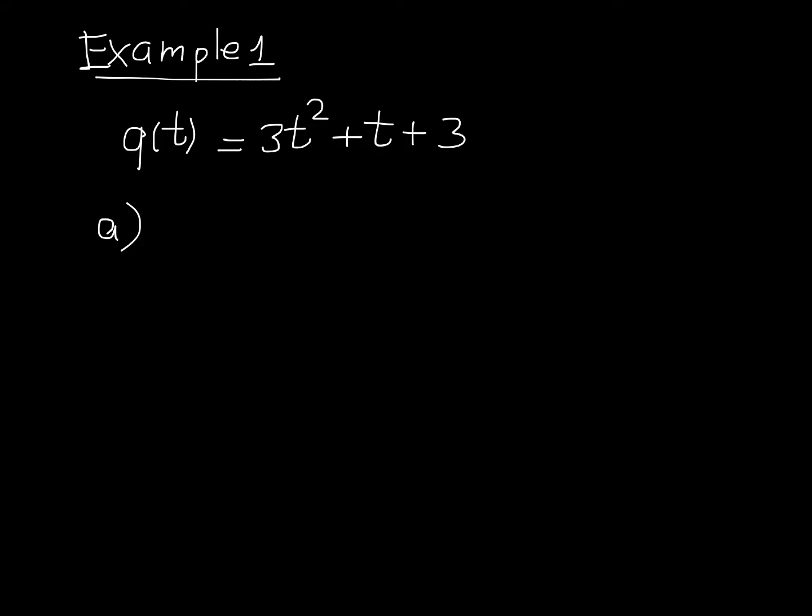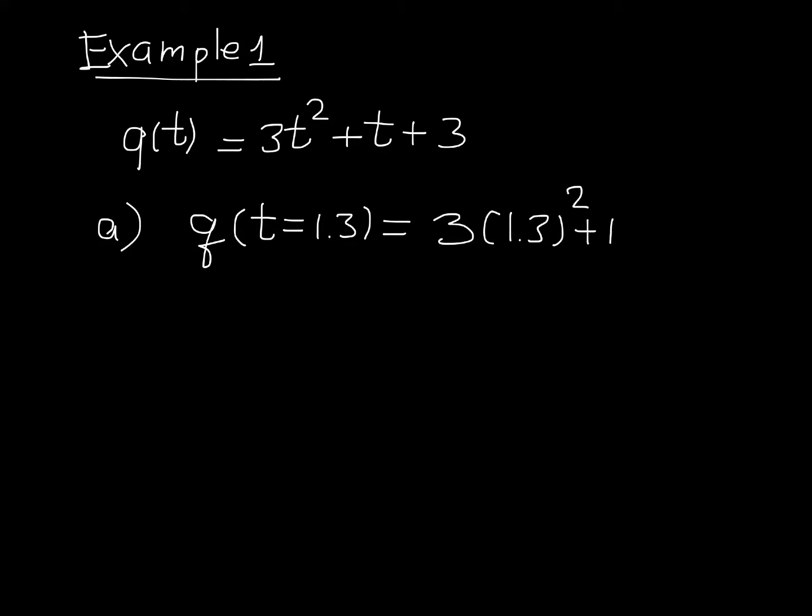A. Calculate the electric charge at t equal to 1.3. So we just substitute t equal to 1.3 into this equation. We get 3 times 1.3 squared plus 1.3 plus 3, and this is 9.37 coulombs.